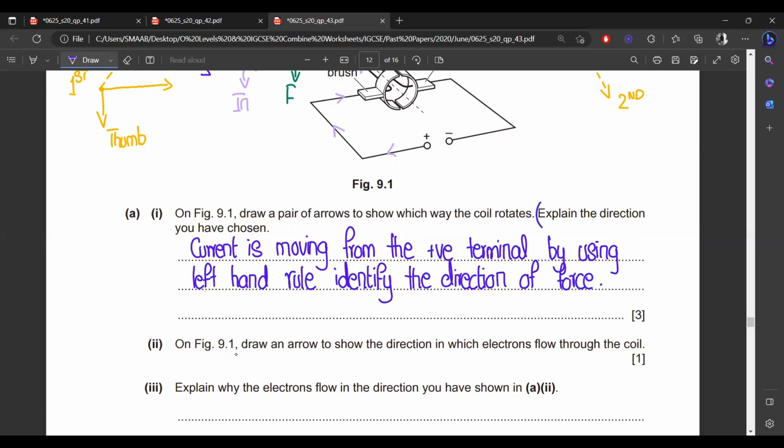So the direction will be anti-clockwise. So the coil will rotate in the anti-clockwise direction. Okay.